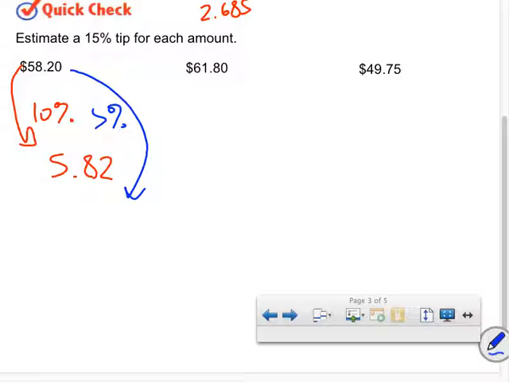Half of 82 is 41. So 41 plus 250 is what? Isn't it 291? It's okay. 291, right? And so we're going to take and add all that up.